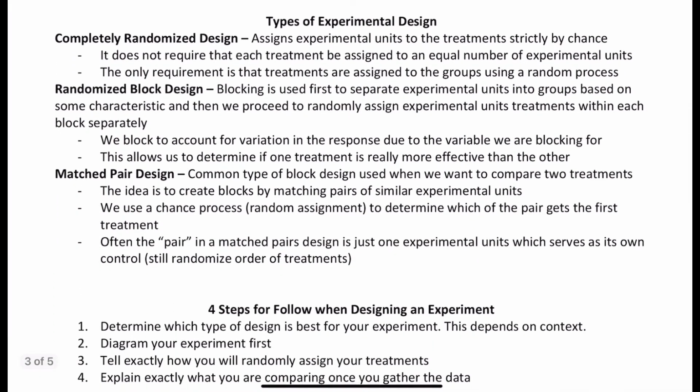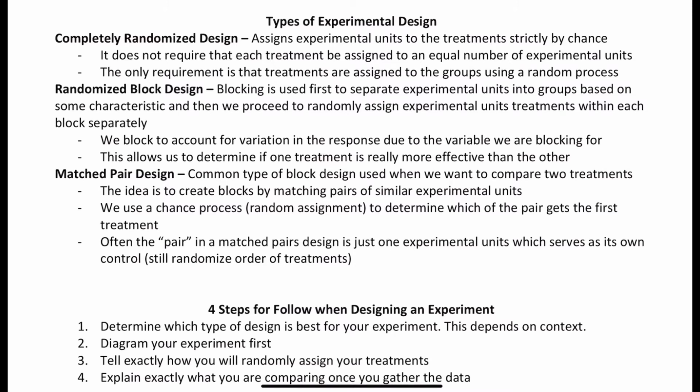We have these different types of experimental design. We're just going over these. Completely randomized design: this doesn't require that treatments be assigned to an equal number of units. The only requirement is that treatments are assigned to the groups using a random process. The randomized block design, which is one of the most common along with completely randomized.